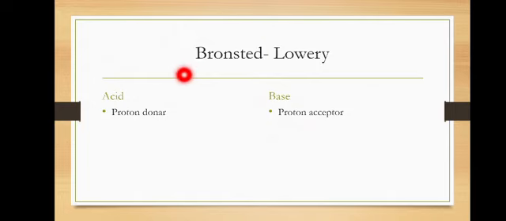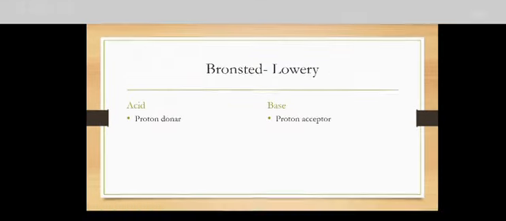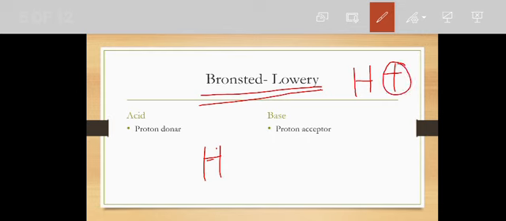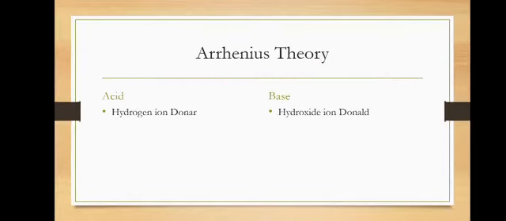Next concept is what? Bronsted-Lowry concept. Again, this scientist proposed another theory. That theory is related with proton, the H+ ion. Always remember, Arrhenius theory is related with H+ ion and OH- ion.